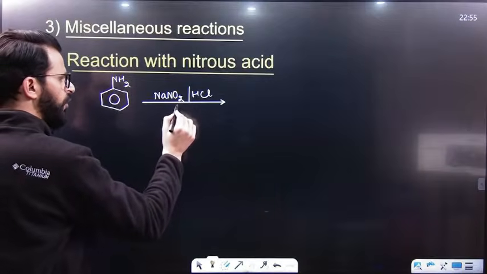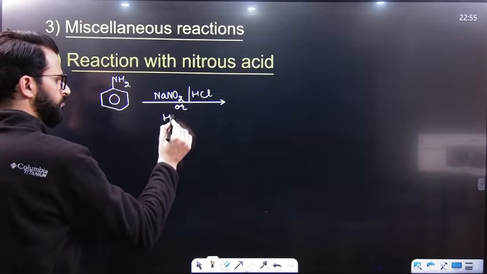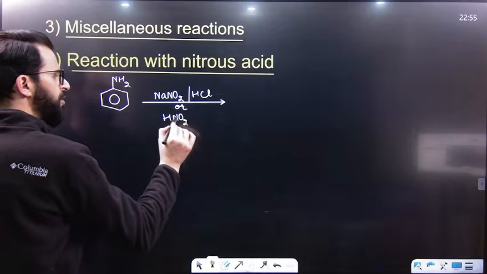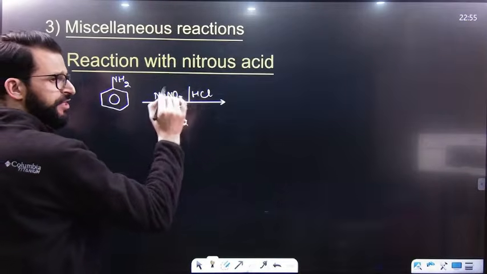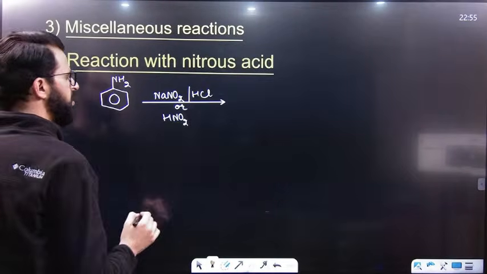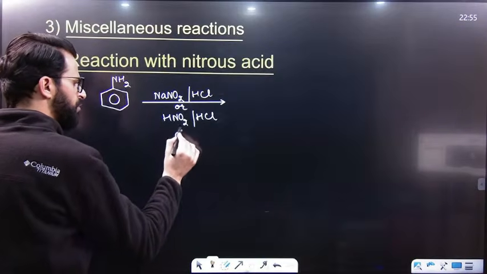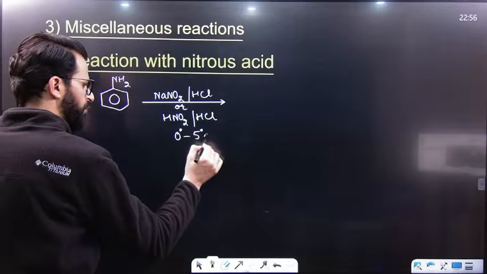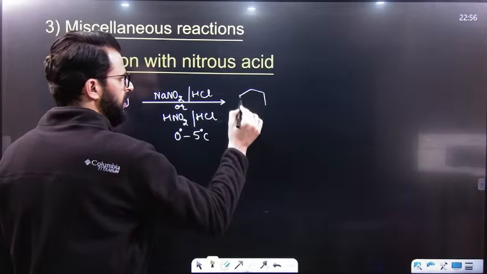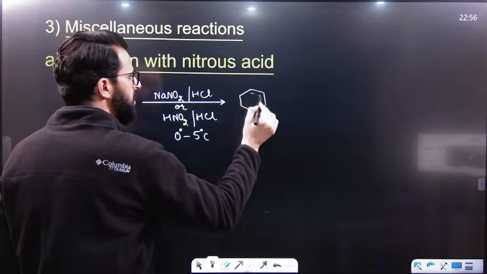Both these will form HNO2. Now, this nitrous acid is prepared within the reaction, that is, in situ, and HCl is taken in excess at a temperature of 0 to 5 degrees Celsius. What will happen? It will result in the formation of benzene diazonium.